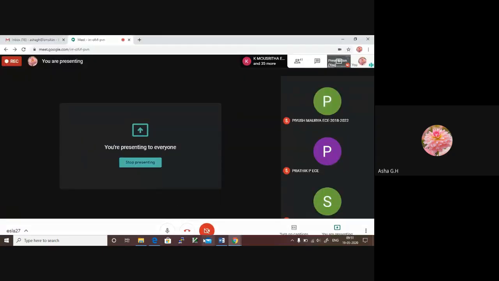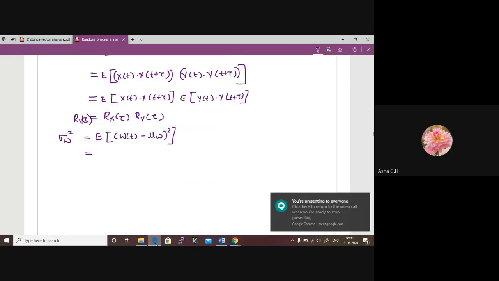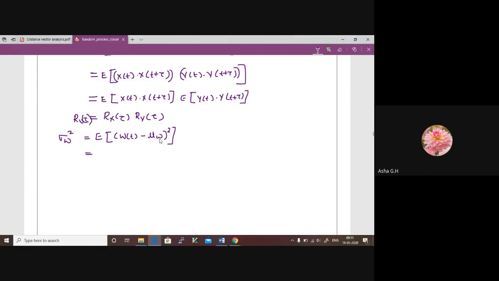You just have to substitute the equation for W of t. Equation for W of t is x of t into y of t. And what is the mean of W? Mean of W is mu x into mu y. Substitute that, try to expand it and tell me what is the answer.